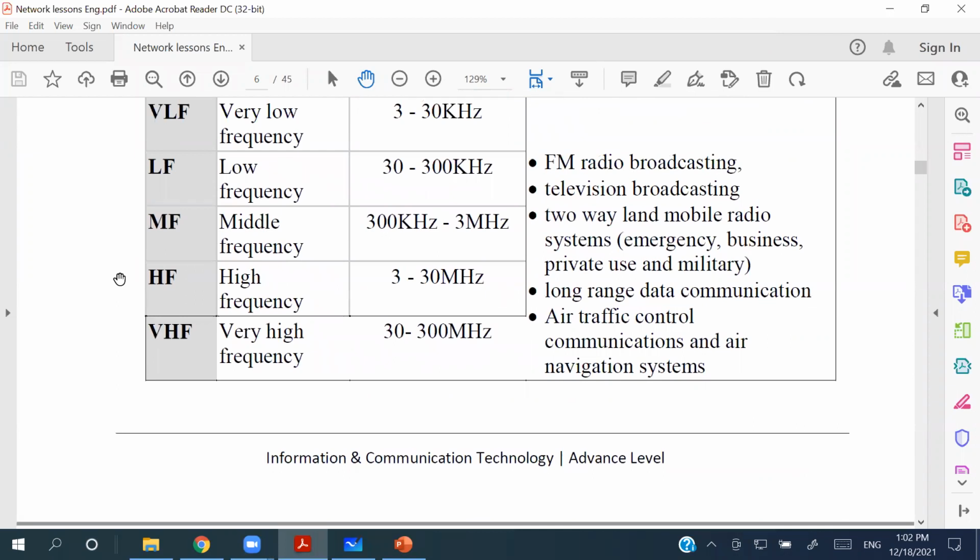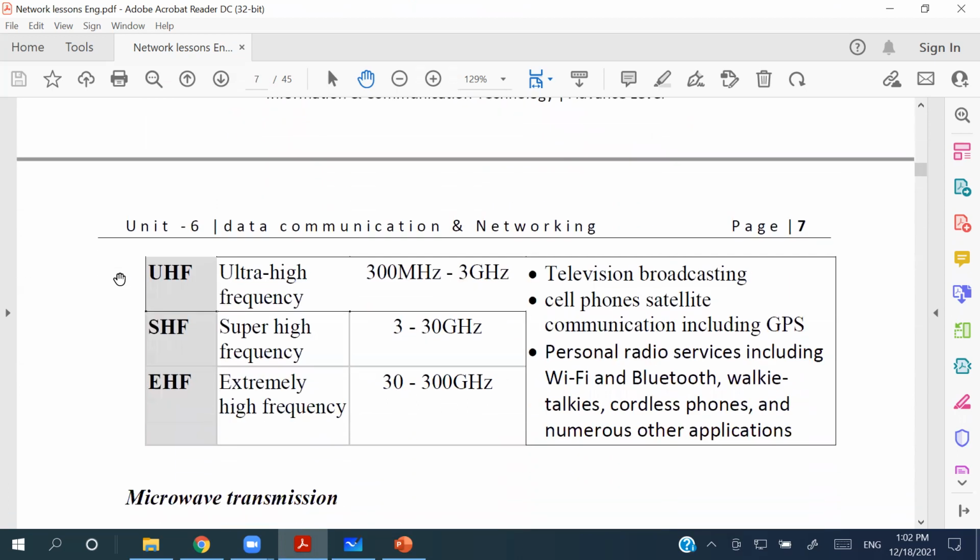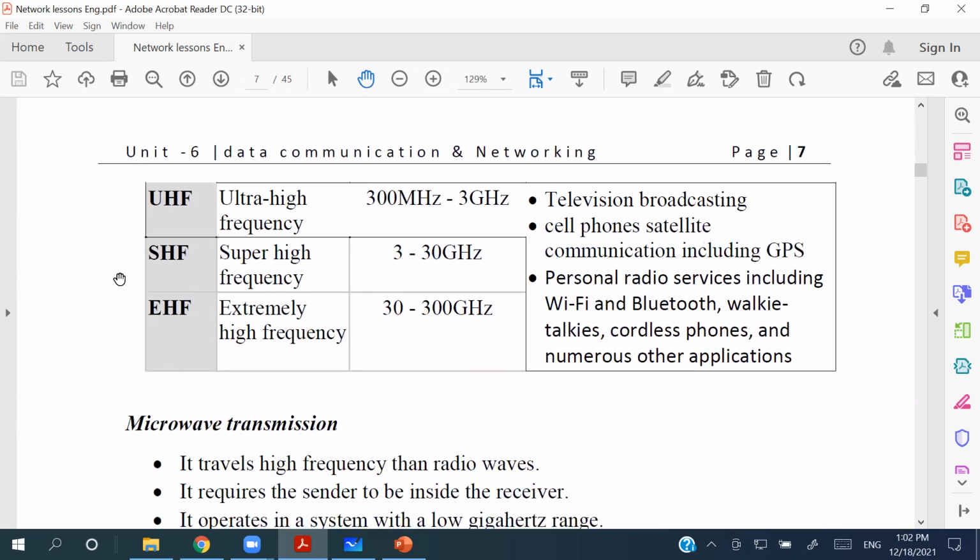So VHF and UHF are there to provide a particular message or a particular data in between these frequencies, right? So VLF, very low frequency, 3 to 30 kilohertz. VHF, very high frequency, is from 30 to 300 megahertz, right? And we are using UHF as well, ultra high frequency. Again, it is for 300 megahertz to 3 gigahertz, right?